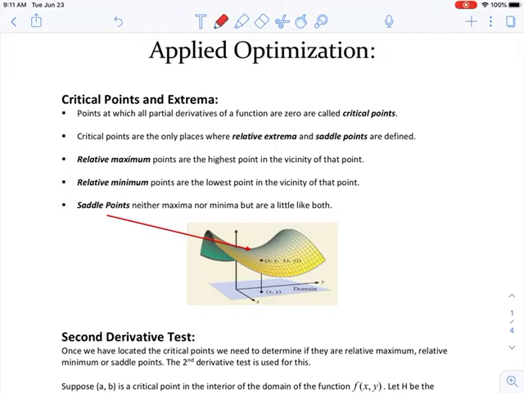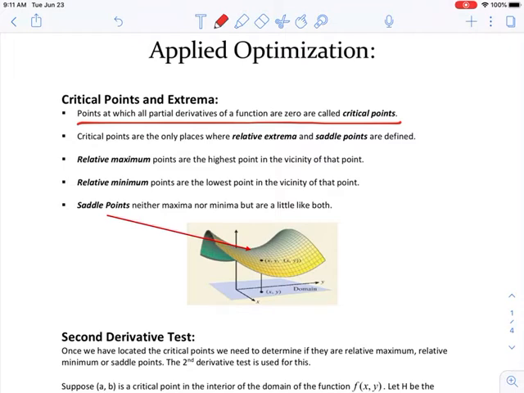We want to set our partial derivatives equal to 0. And when we do that, we get what are called the critical points. Same thing as in your calculus class. The critical points are where our relative extrema are. That would mean the relative maximums or the relative minimums. And those are the points that we're looking for.